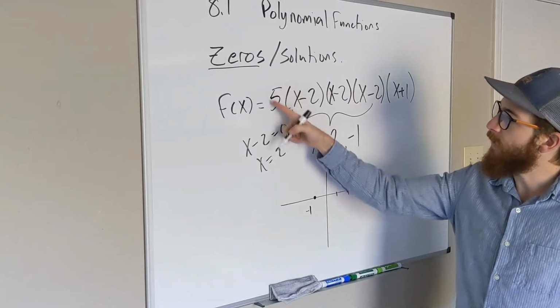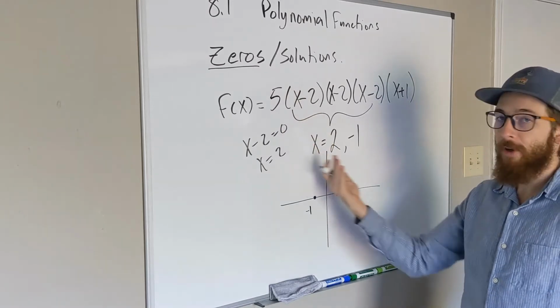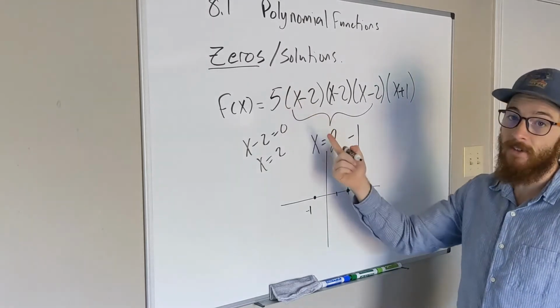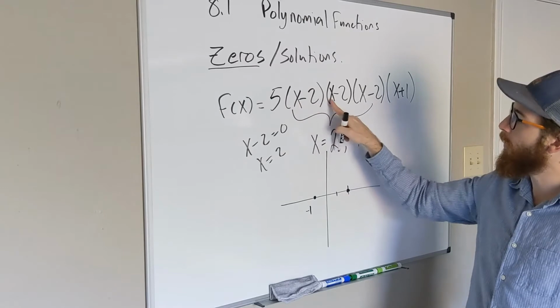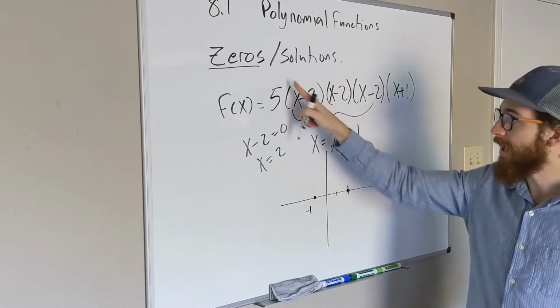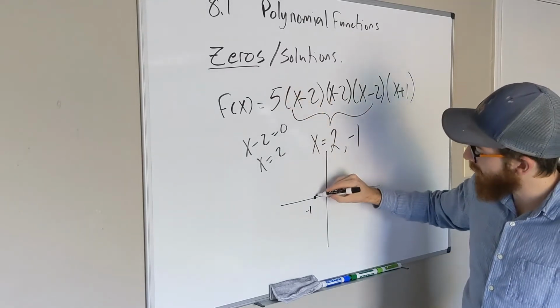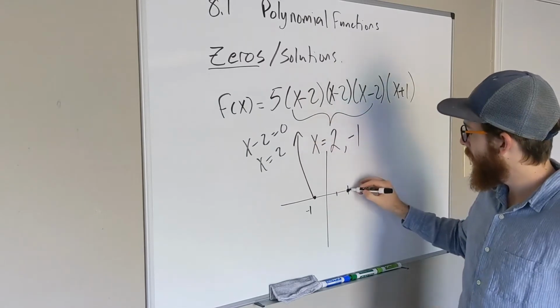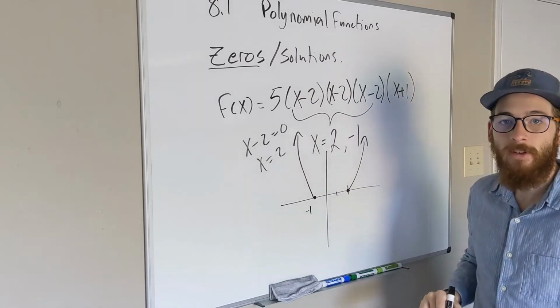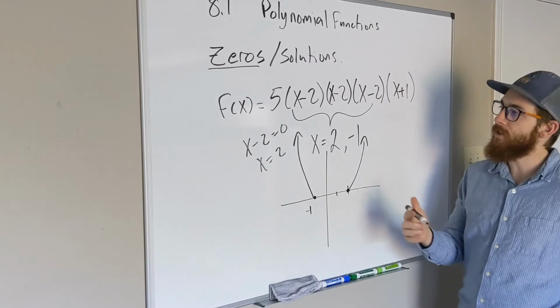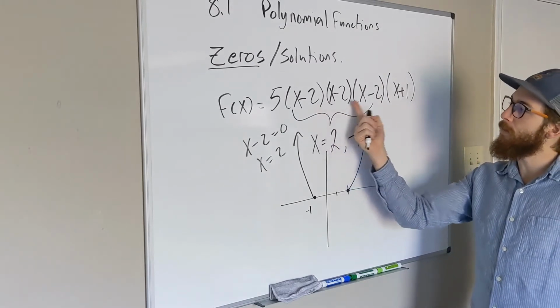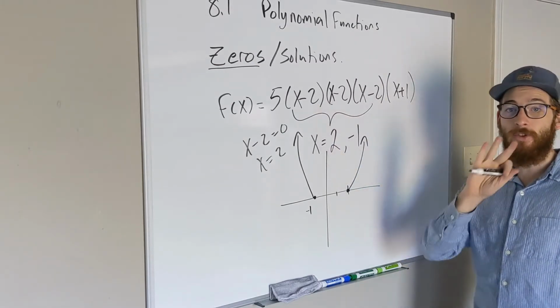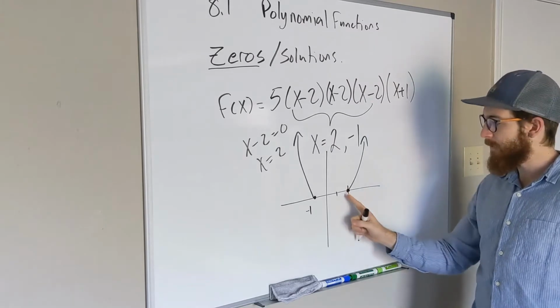Okay, this 5 here tells me they both are open upward because a is positive. So I got my power from 1, 2, 3, 4, and I got my positive a from here. So that tells me this end is going to go up, and this end's going to go up. Now, something I didn't mention earlier, but I will now: since all 3 of these have the same power, there's 3 roots in that same position.